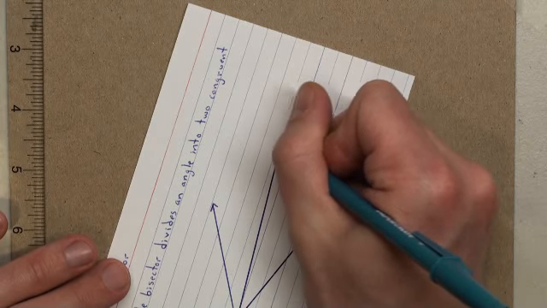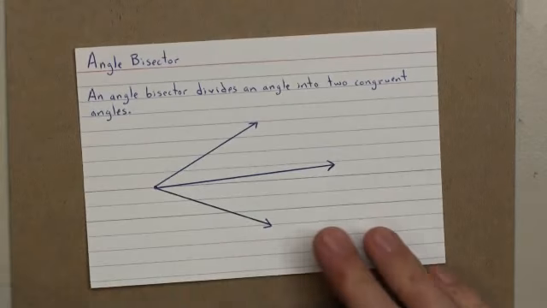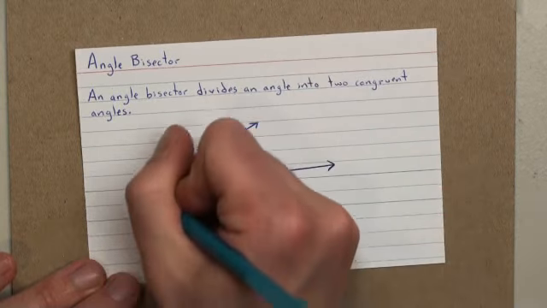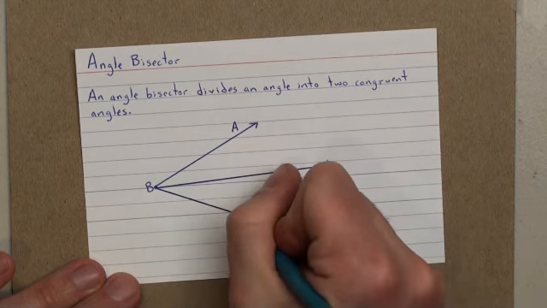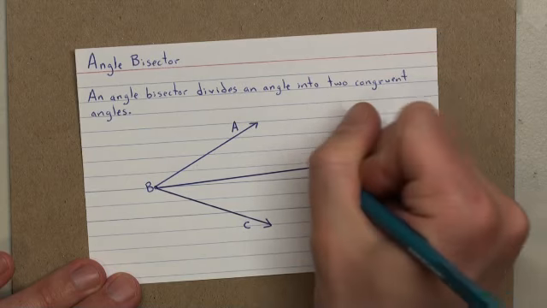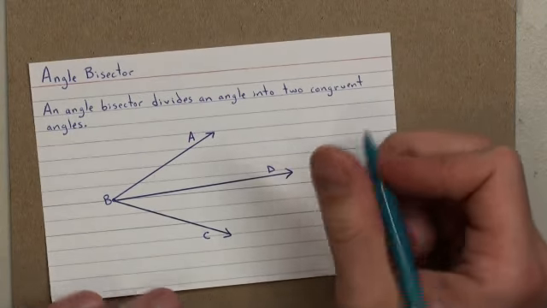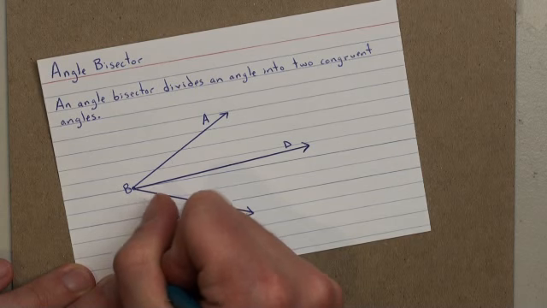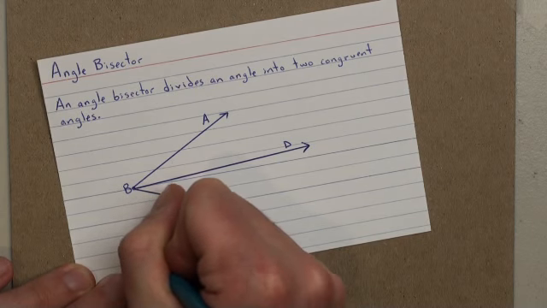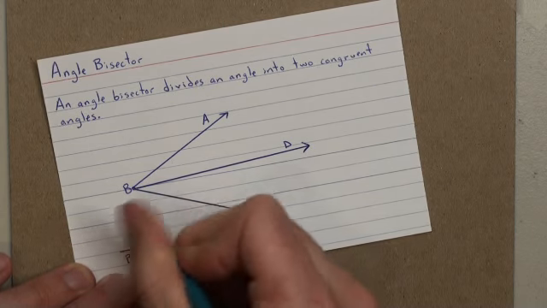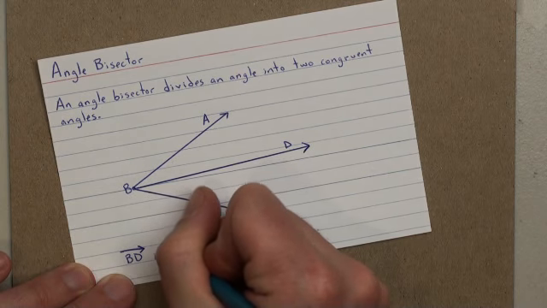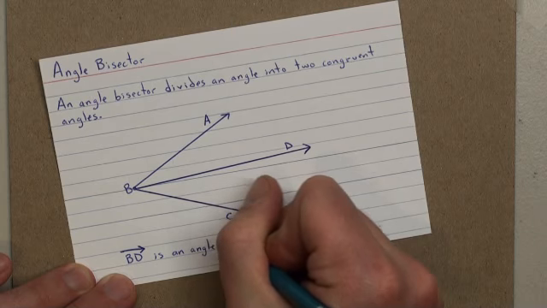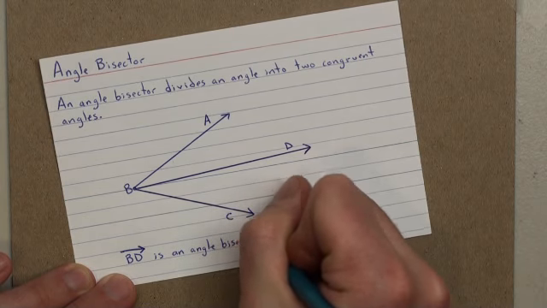And it could be a segment or a ray. In this case I'm going to draw it as a ray. So let's see, this was A, B, C, and D. So ray BD is an angle bisector.